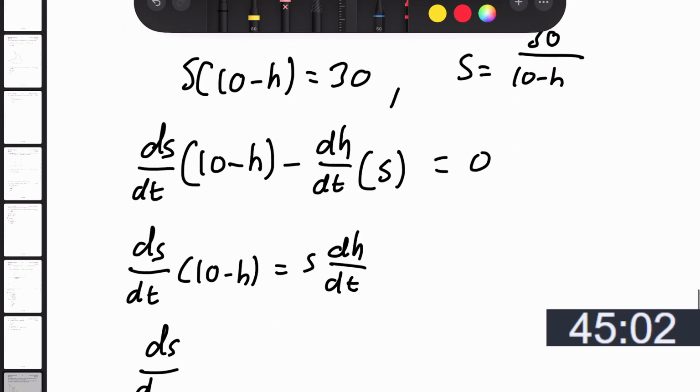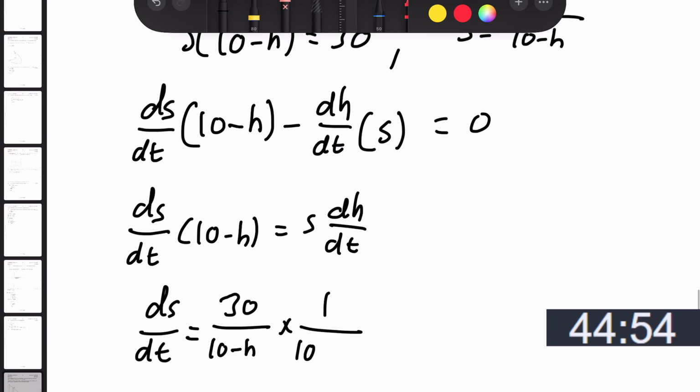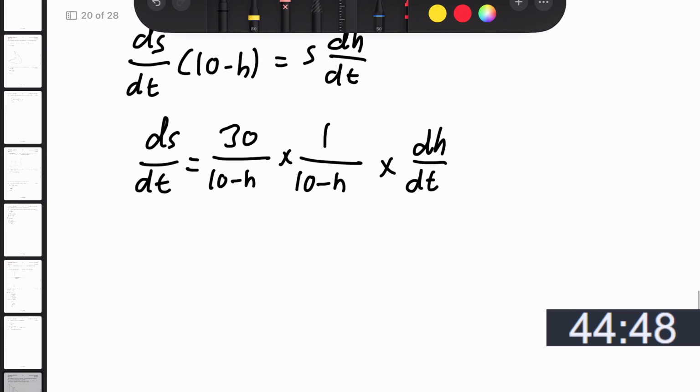So ds/dt is equal to 30 on (10 minus h) times 1 on (10 minus h) times dh/dt. Is that what we wanted? Yep. So this is 30 on (10 minus h) squared times dh/dt.